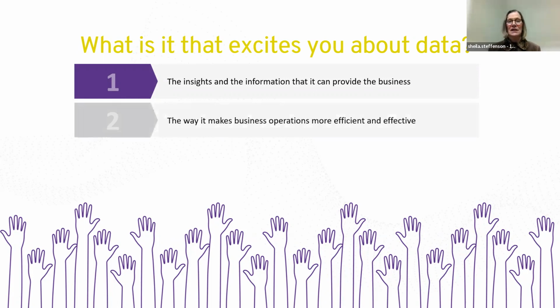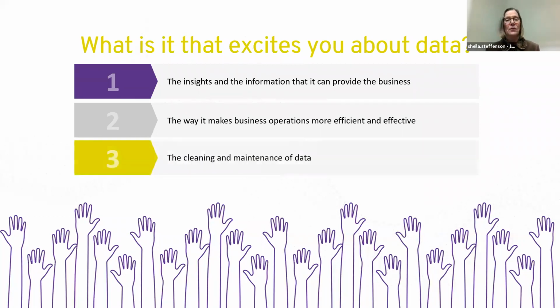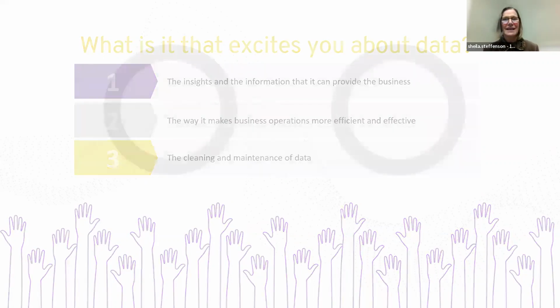Or is it two? Is it, again, the way it makes business a much more efficient and effective process, because with good data, we're able to make better decisions? Or is it three, my favorite, the cleaning and maintenance of data? As I said, you don't have to answer because it's kind of obvious, I think, at least, which would probably be your least favorite. Next slide.